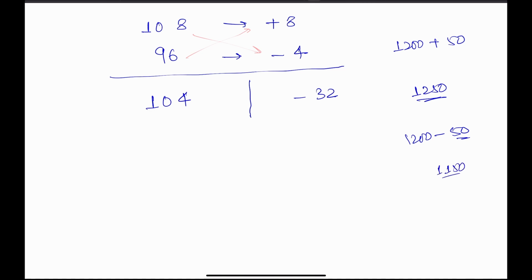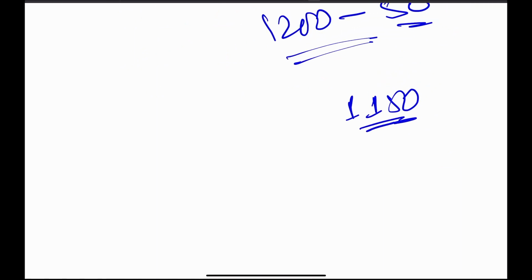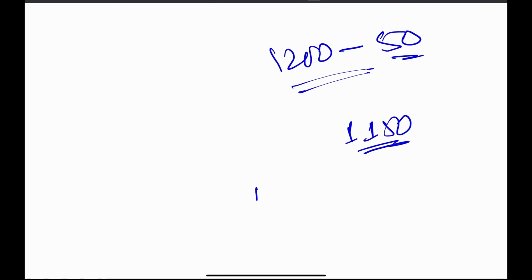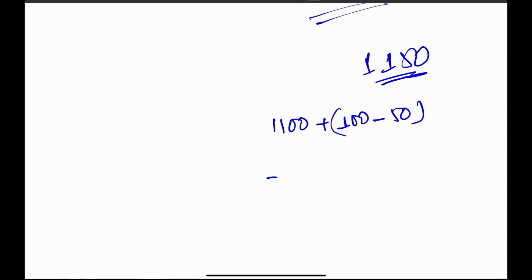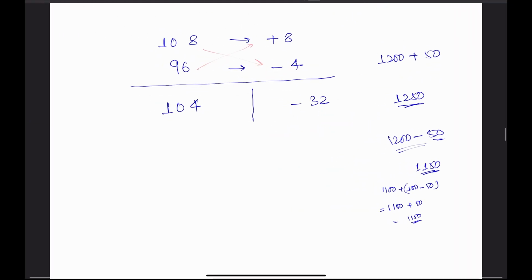So what actually happened in this condition? Can we write this as 1100 plus 100 minus 50? Is it not the same? And then it will become 1100 plus 50, 1150. So the same thing is happening over here.